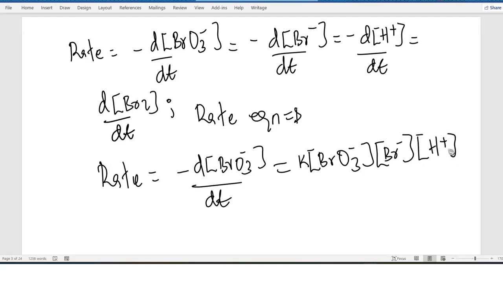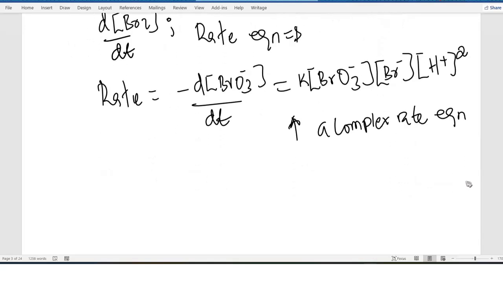And you find that this hydrogen ion carries a power of 2. So you find this is a complex rate equation. So what could be the order of the reaction here?